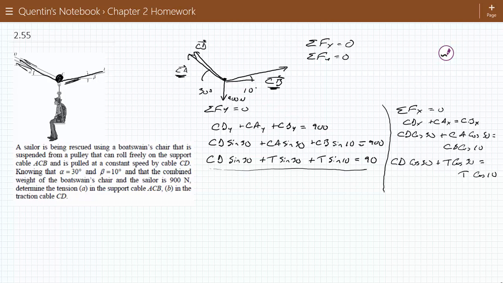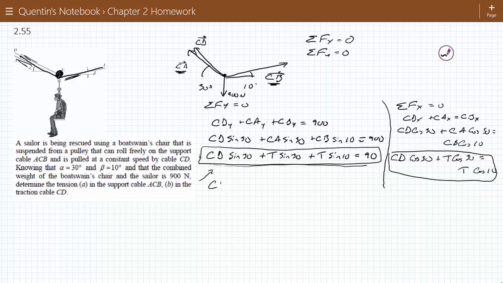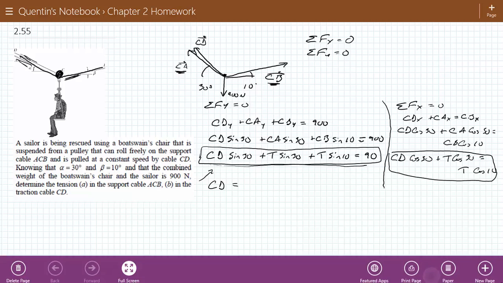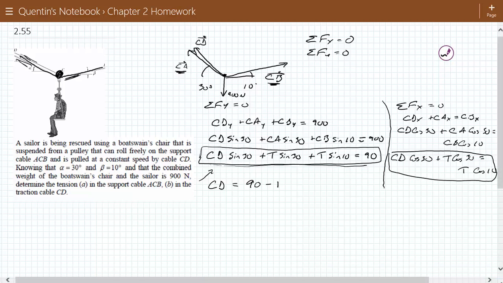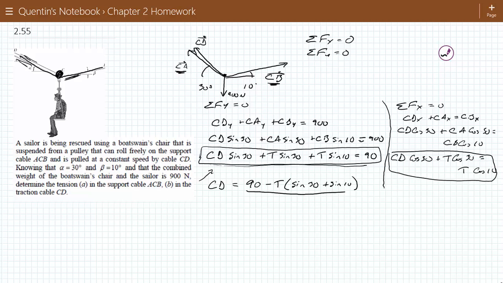So now we have two equations and two unknowns. It's pretty straightforward at this point. I don't care how you do the two equations and two unknowns. Let's take this one for giggles and solve for CD, and then we'll plug that into there. And so you end up with CD is equal to 900 minus T times the quantity sine 30 plus sine 10, all over sine of 30.